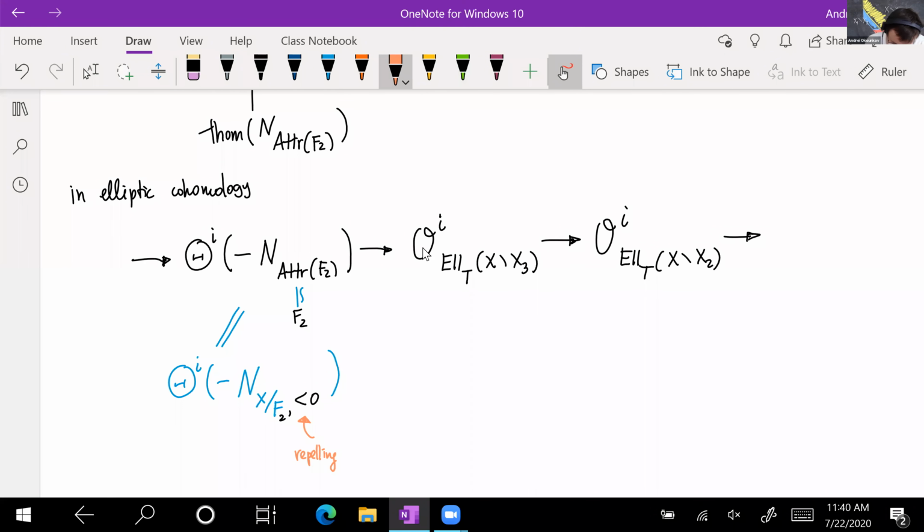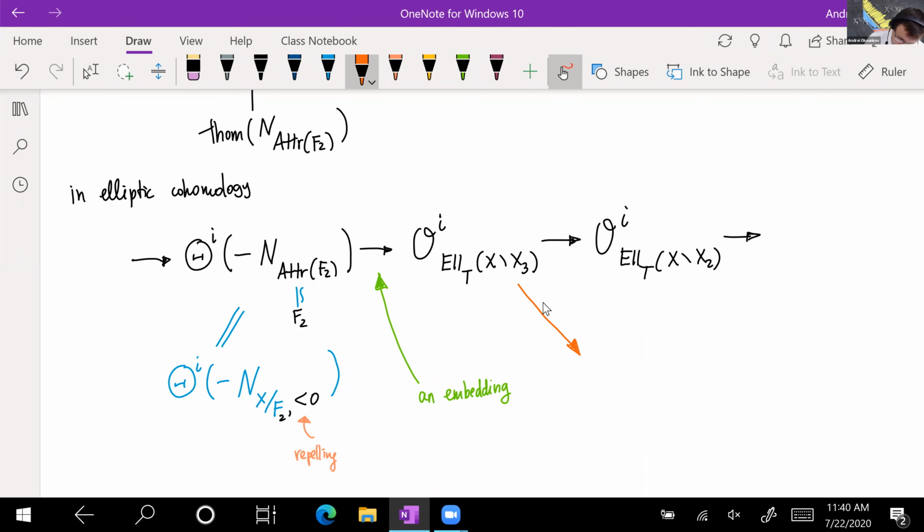So this is here. And now I claim that this arrow, this is an embedding. And why is it an embedding? Because we can consider a composition: we can restrict back to the fixed point.